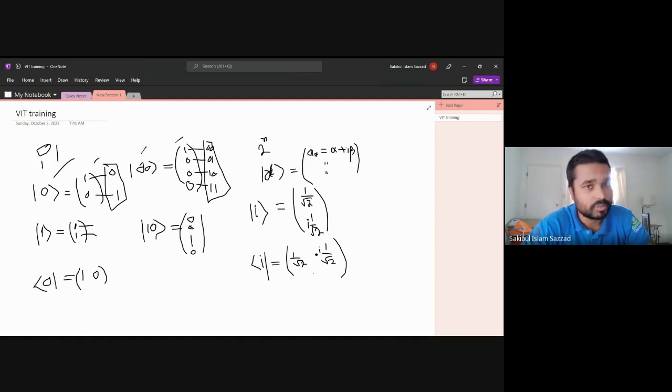I have a question for the audience. The way I described the bra notation, at first we made a transpose, then we made a complex conjugate. But if we make a conjugate first and then a transpose, will it make any difference?